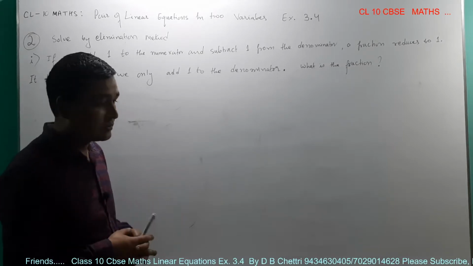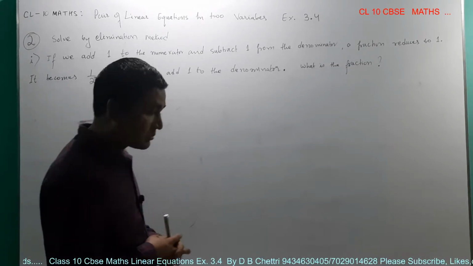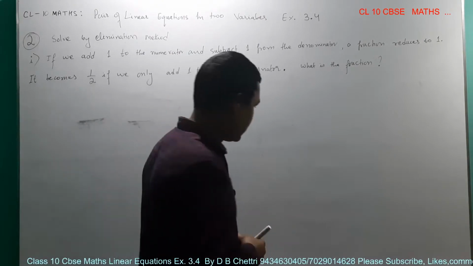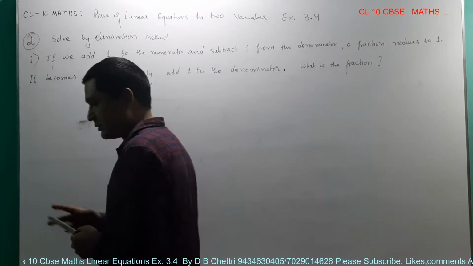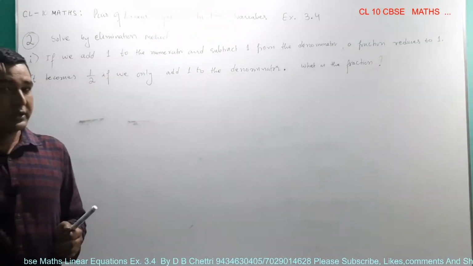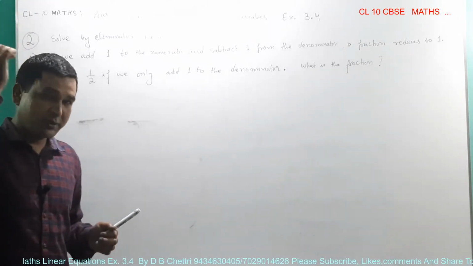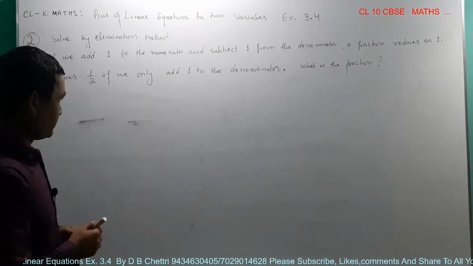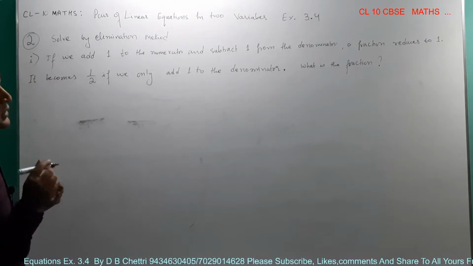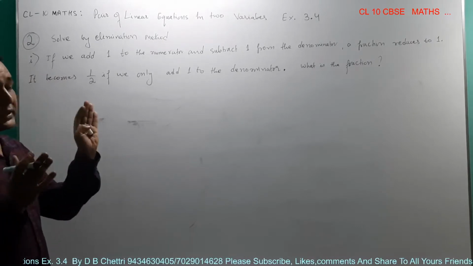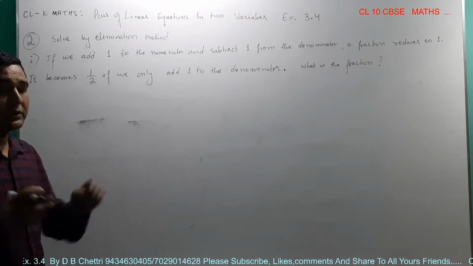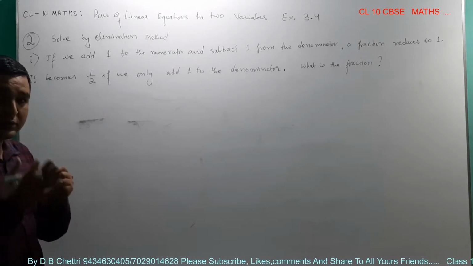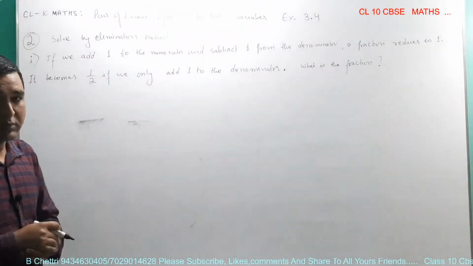You already learned fractions in lower classes. Fraction means part of a whole. That's why it's always written in two parts, numerator and denominator. So we need two terms in a fraction, and we are going to represent the numerator by x and the denominator by y.